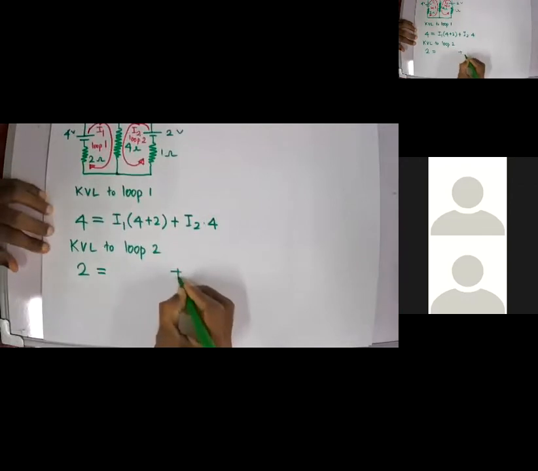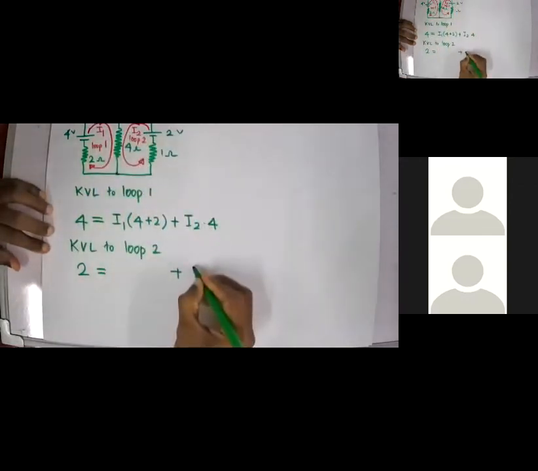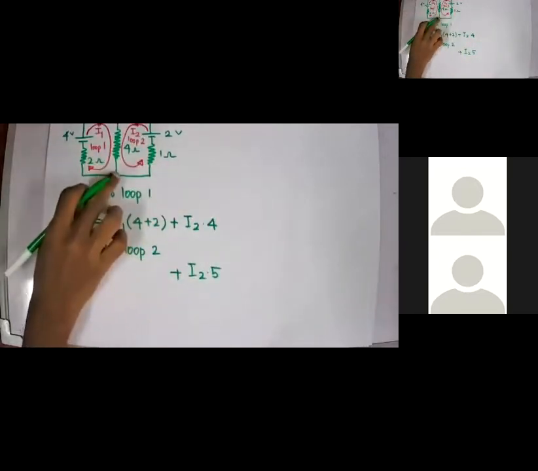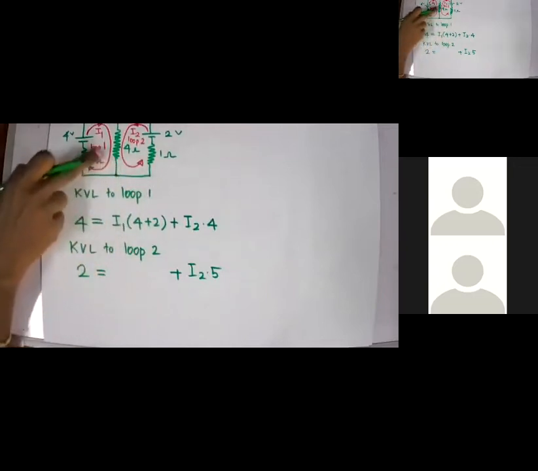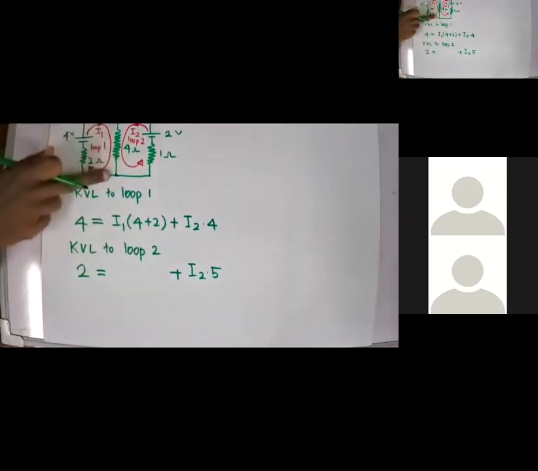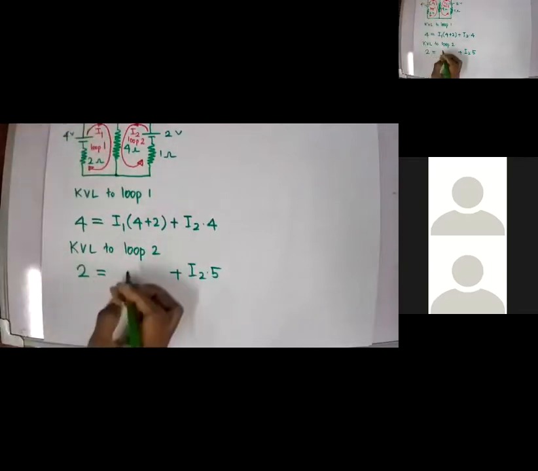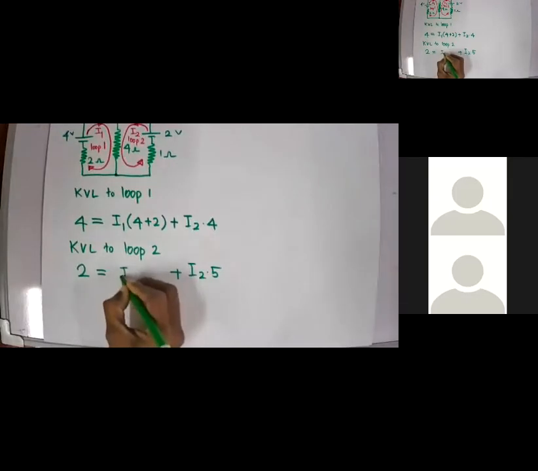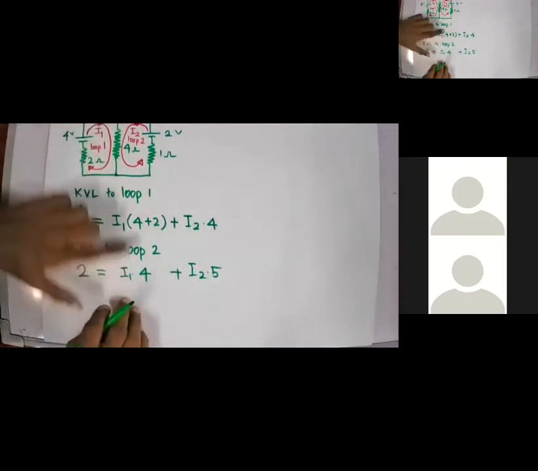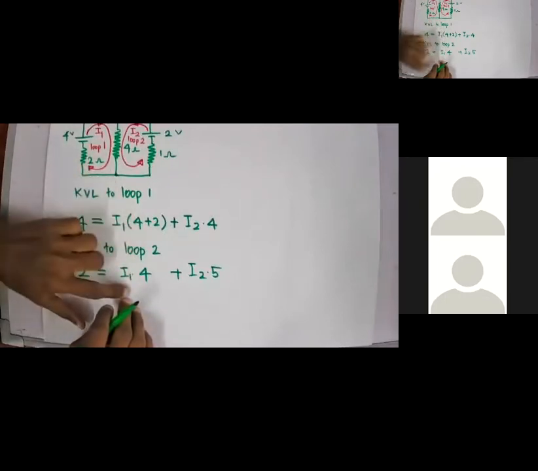So I could say 4 plus 1, 5, right? I2 into 5, and in addition to that, I have an I1 component in this 4 ohm resistance, which is 4 into I1, right? So I1 into 4. See here, I have two equations, right?